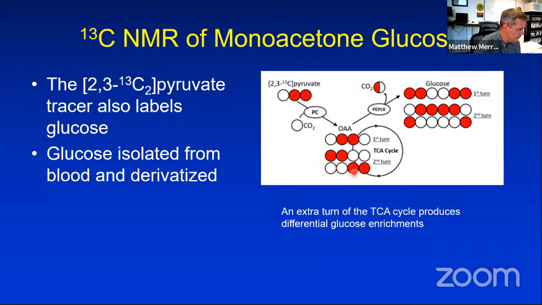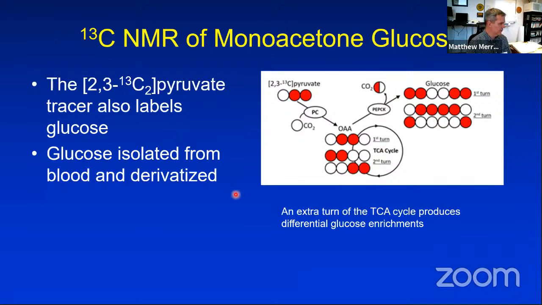We make these various oxaloacetate isotopomers on the first turn versus the second turn. They can go through PepCK and go up to glucose. You get this sort of labeling in the glucose on the second turn of the TCA cycle.